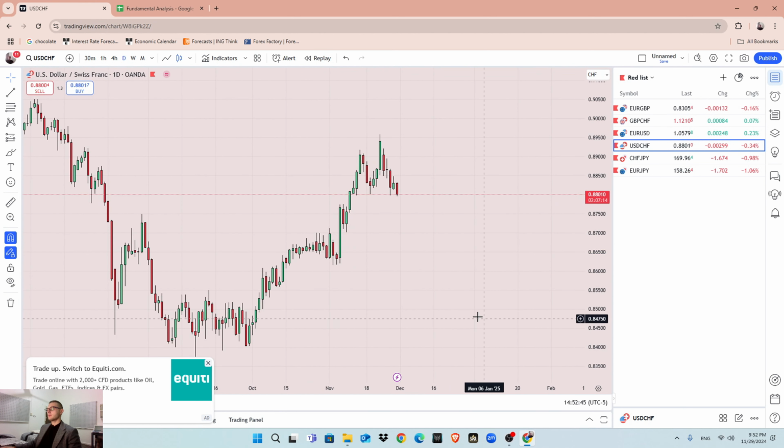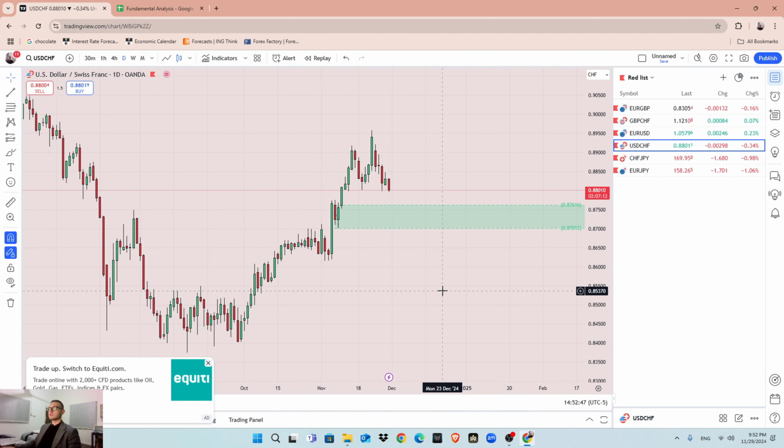Now, going into USD franc. Also the same idea. I've had this demand area right here, but since we were moving very powerfully to the upside and we didn't have a good retracement, I need a proper, deep retracement to take a position going higher.